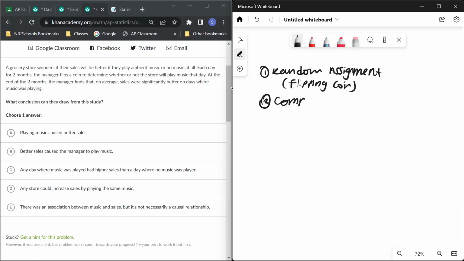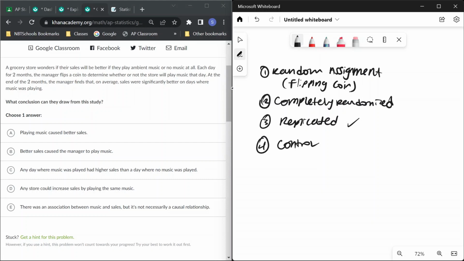That's what random assignment means. Can it be replicated? Well, I would say it's 2 months and then another 2 months, so it's a big sample size.